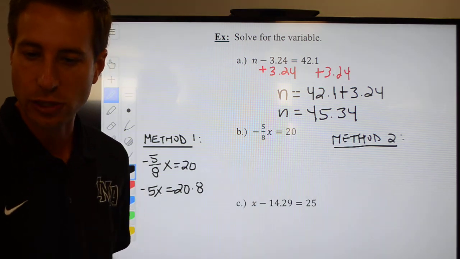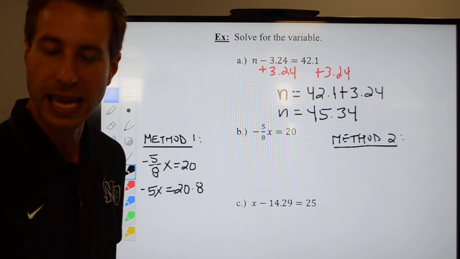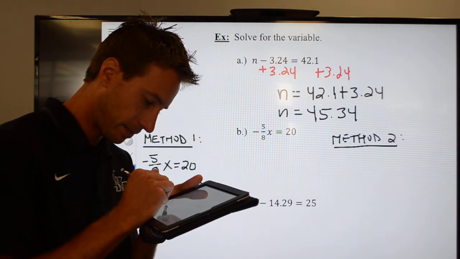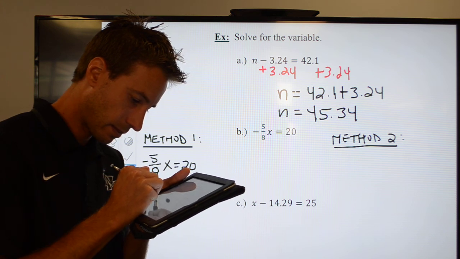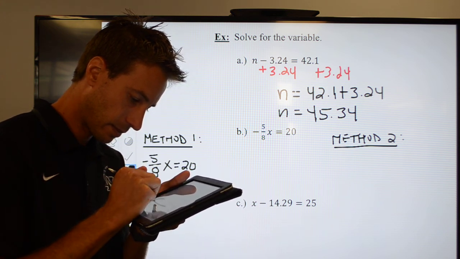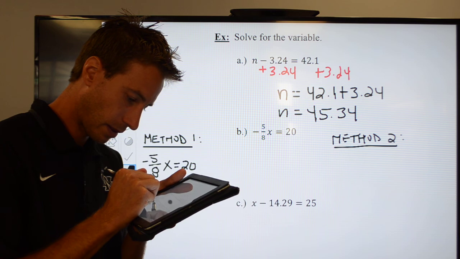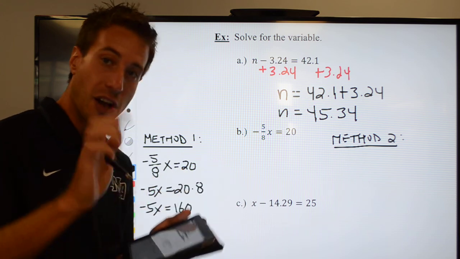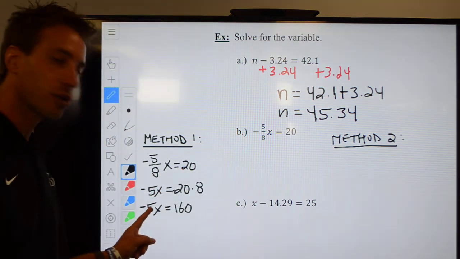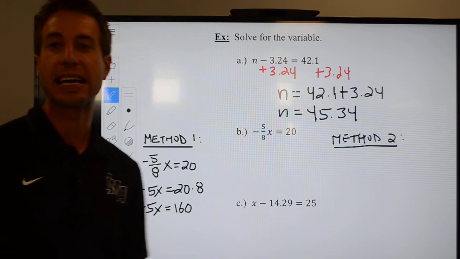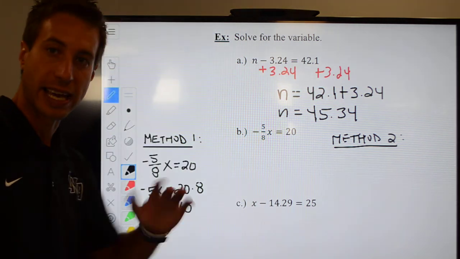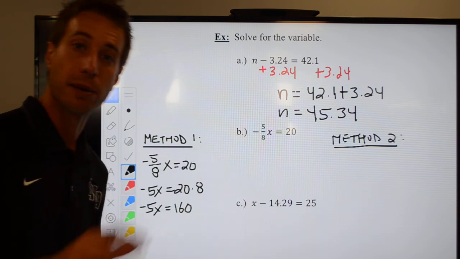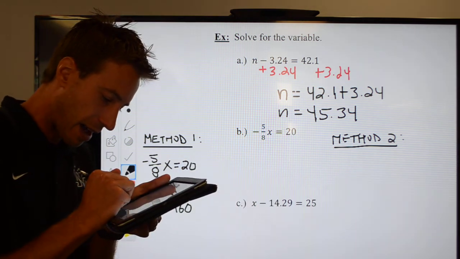I go ahead and do 20 times 8, you get 160. Now what I can do is, since I have multiplication by a negative 5, x times a negative 5, well, the way to undo multiplication is division. Let's divide both sides by negative 5.